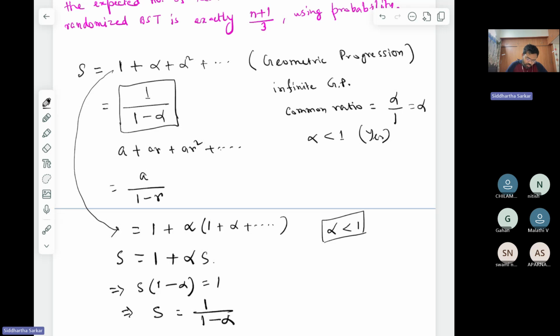Otherwise, this does not work, because if alpha is greater than or equal to 1, then this term will become less than or equal to 0. So on the left hand side, we will have a negative term. On the right hand side, you have 1. So we will face a contradiction. So therefore, alpha should be less than 1 for this to hold.